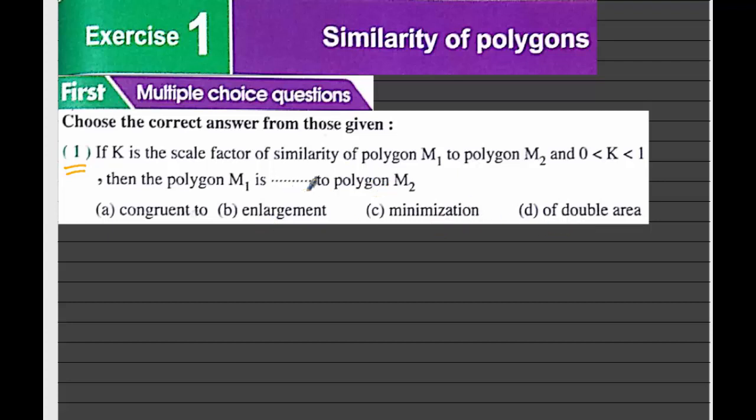Of course, M1 will be minimization of M2 because K is less than 1 and greater than 0. It is congruent if K equals 1 and it is enlargement if K is greater than 1 and there is no relation. Okay, so M1 is minimization to polygon M2 and we choose letter C. This is the answer.